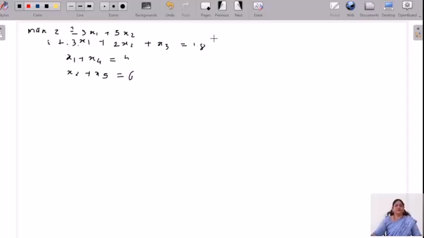This is the standard form of the given LPP. All xi greater than or equal to 0, means x1, x2, x3, x4, x5 are all greater than or equal to 0.